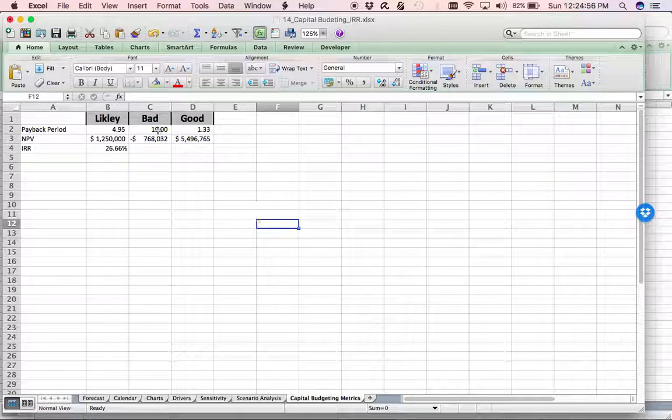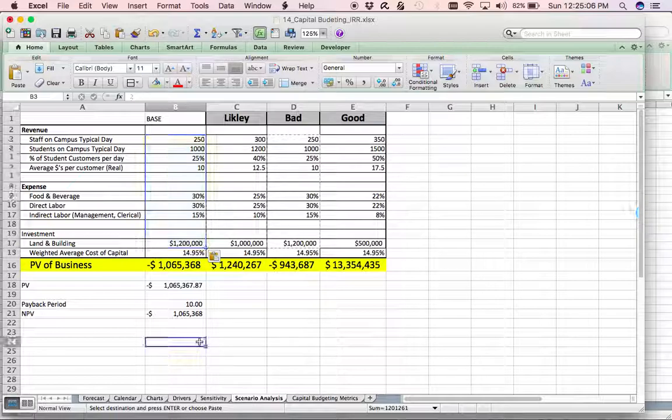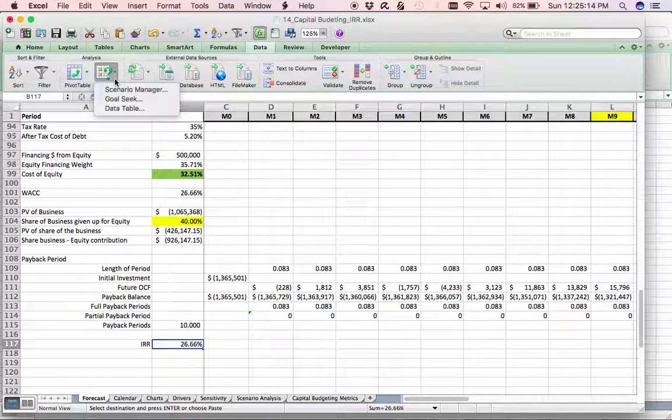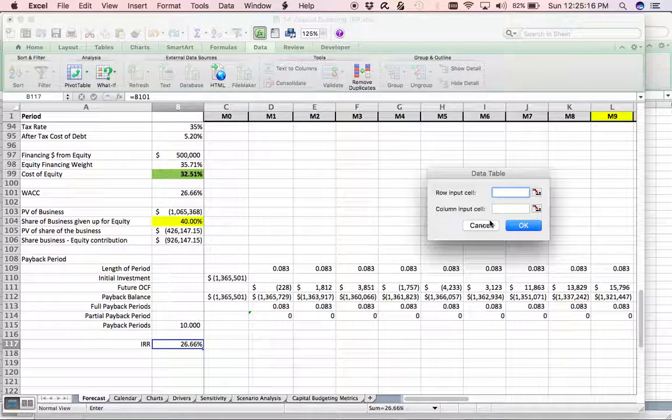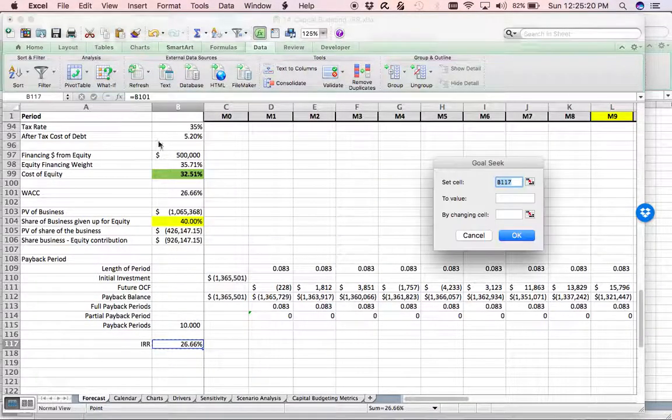There you are. All right, and now we're going to change our scenario from likely to bad, and go back over to the forecast tab and resolve this thing. So again, Data, What-If Analysis, oops, sorry, hit the wrong thing. What-If Analysis, Goal Seek.